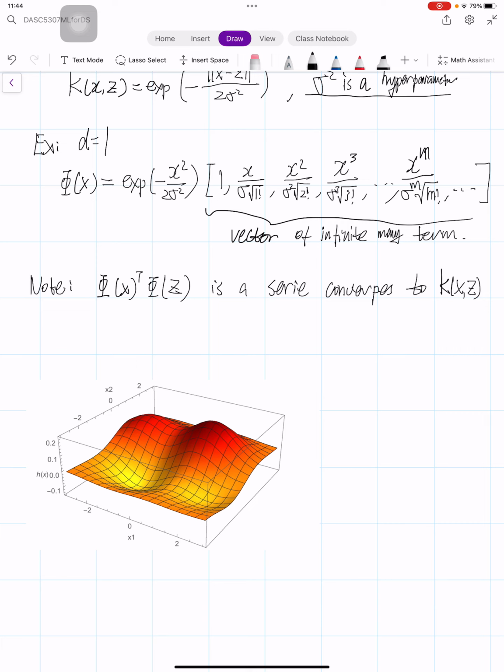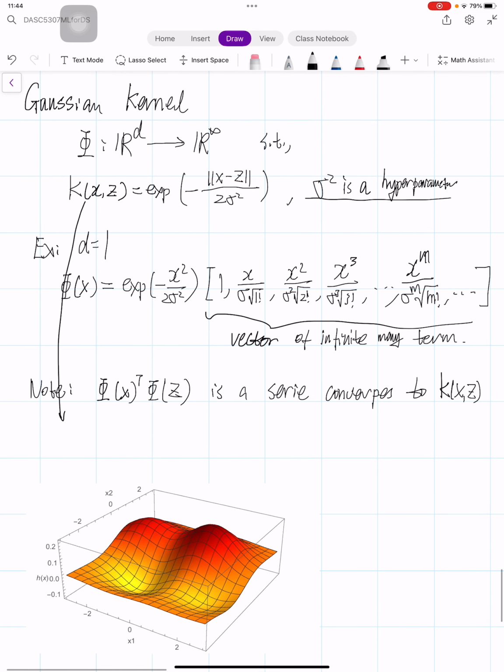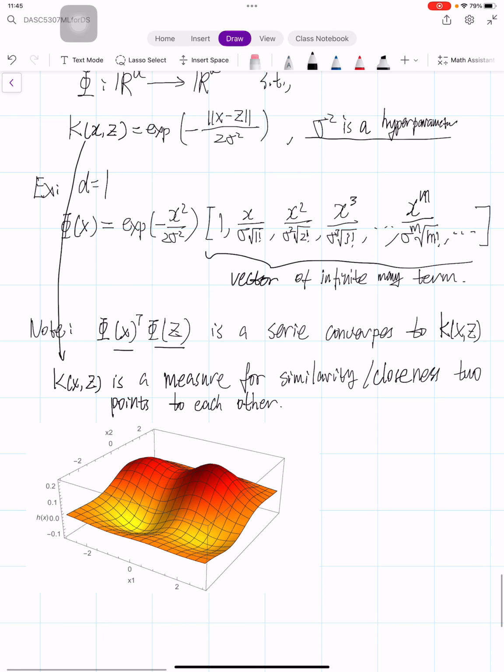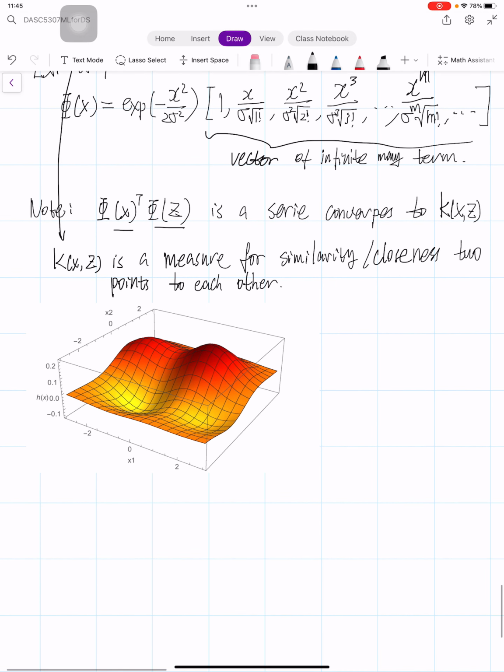You can think of the kernel K as a measure of similarity, or closeness, of two points to each other.